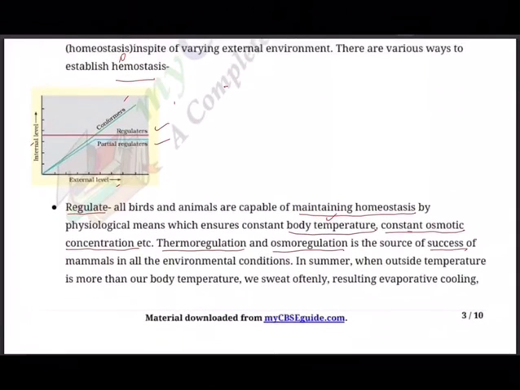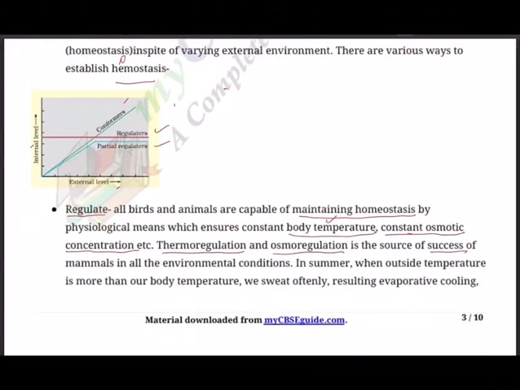As the name suggests, regulators are the organisms that regulate their homeostasis. How do they regulate their homeostasis? By having constant body temperature and constant osmotic concentration. To have that body temperature, organisms need thermoregulation. By having constant osmotic concentration, the organisms have to maintain osmoregulation.